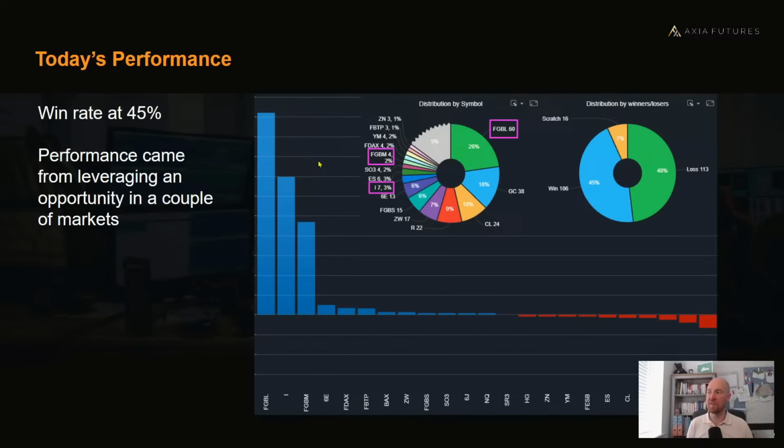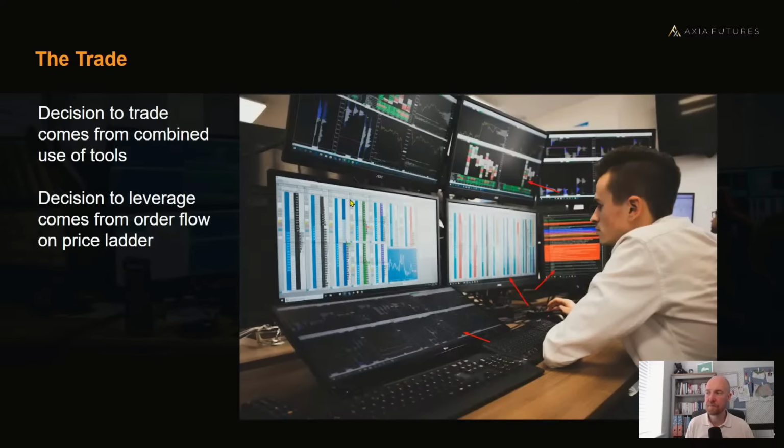So what the opportunity is here is all about a breakout trade. And this is something that comes from combined use of tools. You know, he's not taking the trade on the basis, oh, instantly, it was Harry's trade. Harry's the guy on the screen instantly, if you didn't know. This is a trade that comes on the back of decisions made from footprint, from price, from profile, from candlesticks.